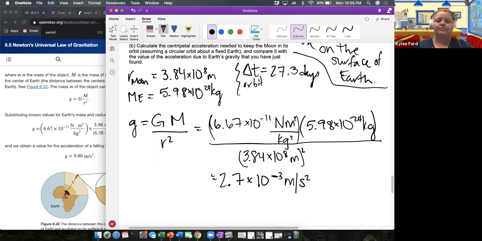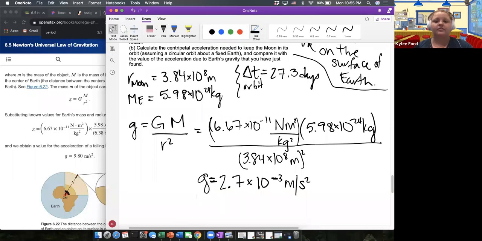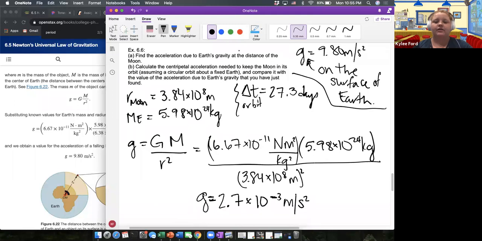Okay, so what this tells us is the acceleration due to gravity that the moon feels is much smaller, and that it's feeling Earth's gravity. So it's Earth's gravity when we're that far away.